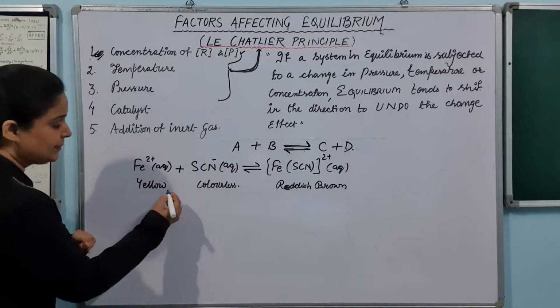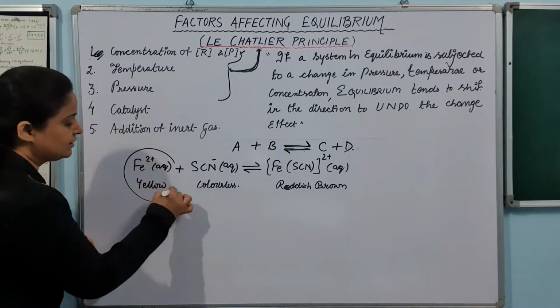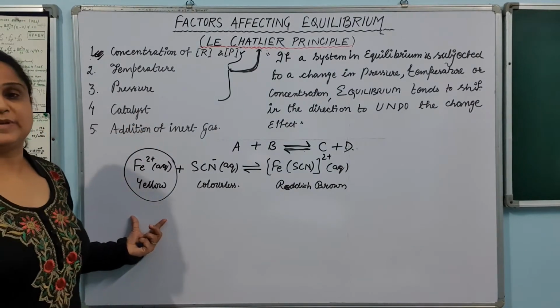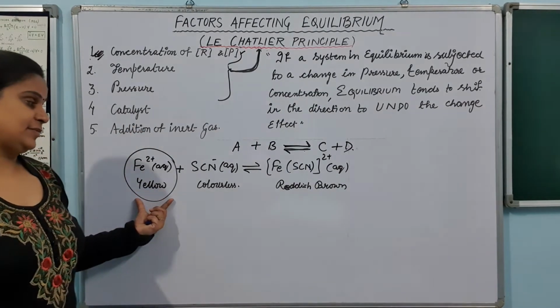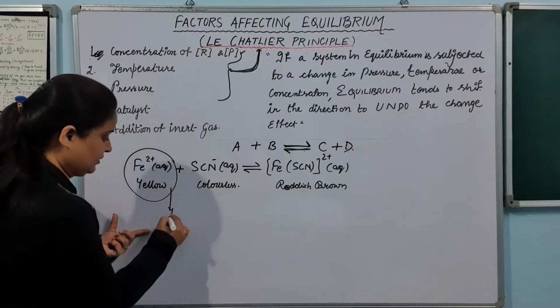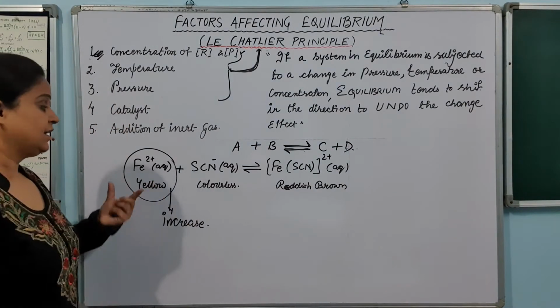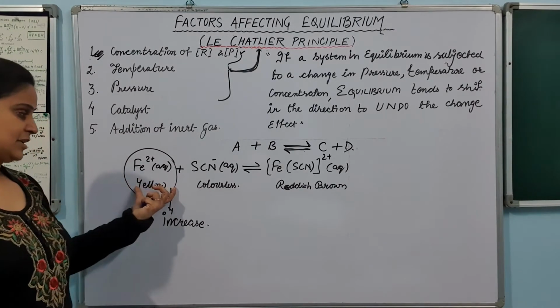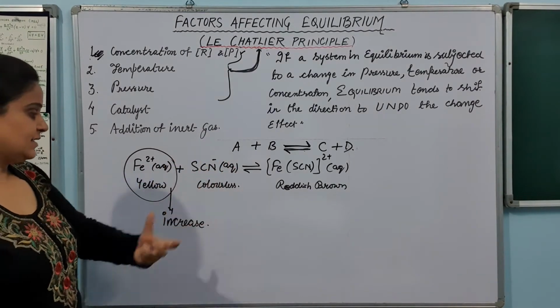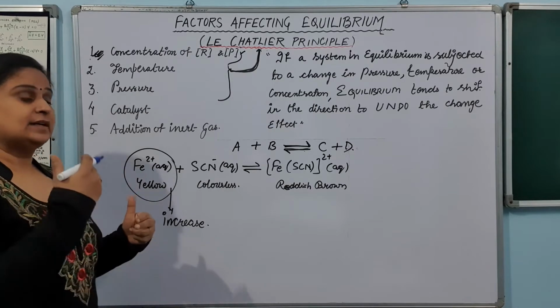Now what did we do? We have increased iron, this Fe plus ion. So if I am increasing this Fe plus ion, which did I increase? I increased this one. So what will happen? On increasing Fe plus ion, we observed that the color is getting darkened.